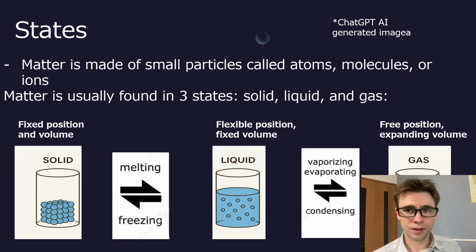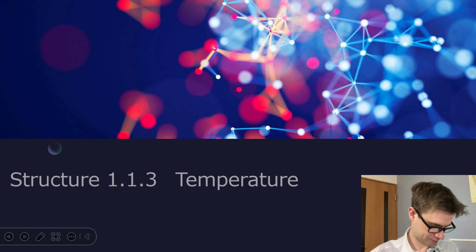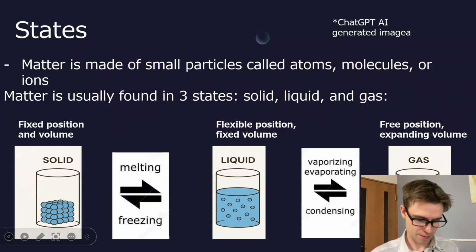You probably have heard of other states such as plasma or Bose-Einstein condensate or some other rare types of matter. But these are the main ones, most common under standard conditions.